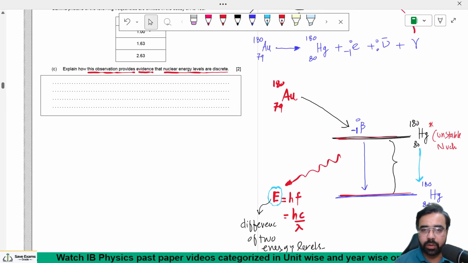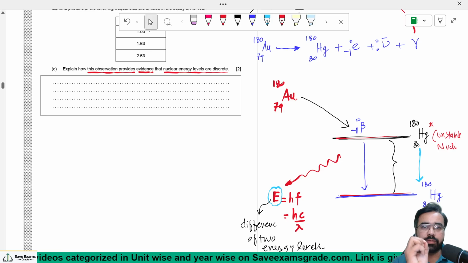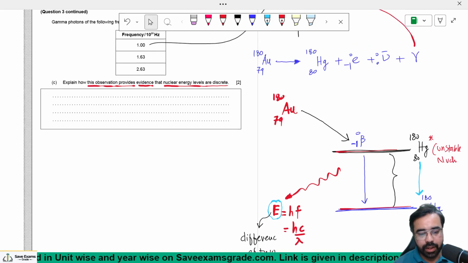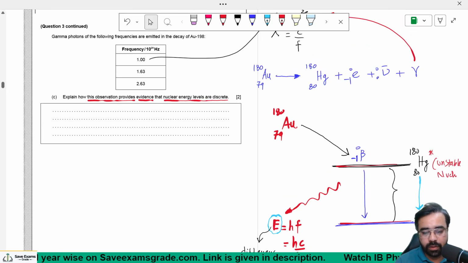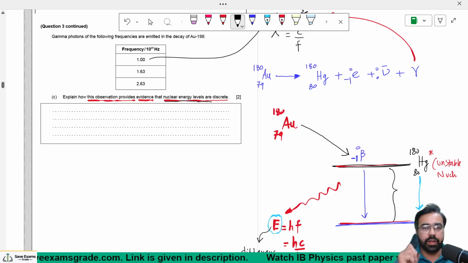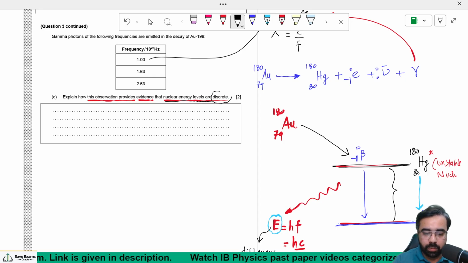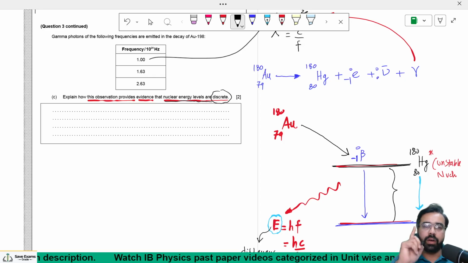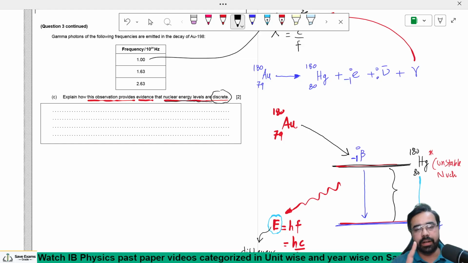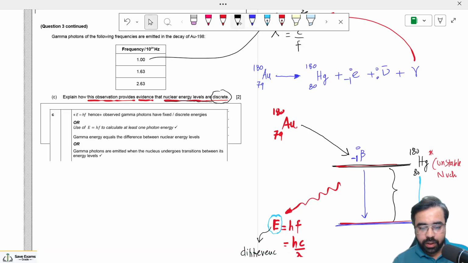Now, this quantized amount of energy, and quantized frequency and wavelength, is in itself evidence of the energy levels of the nucleus. So discrete means one value of wavelength, one value of frequency, and also for the energy. So finally, E equals hf.